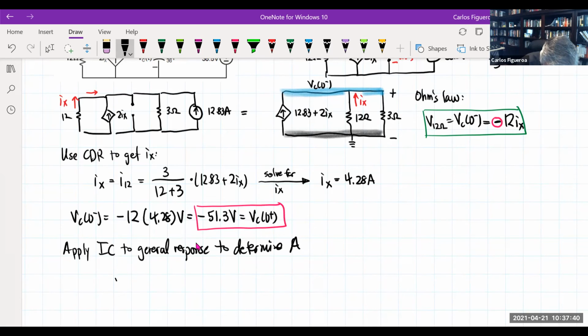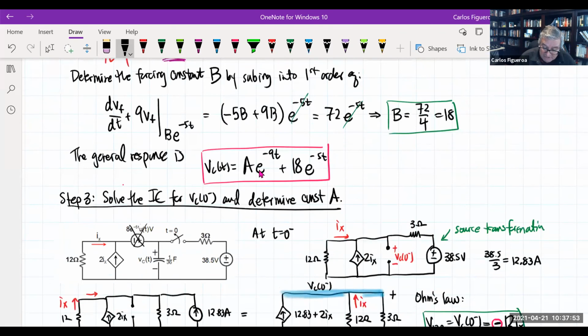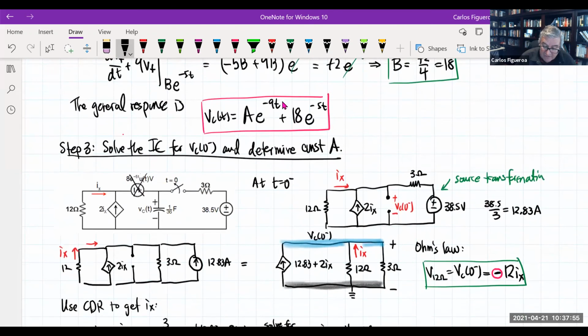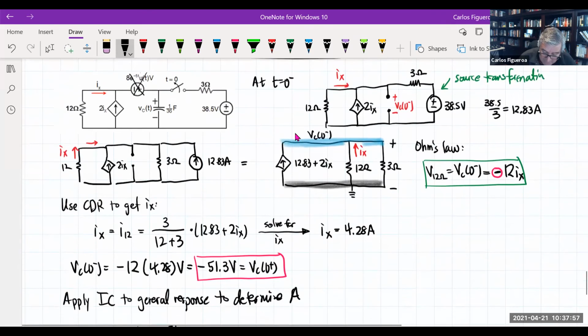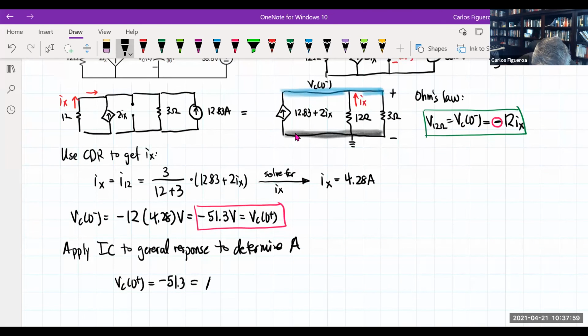We know that VC at 0 plus is minus 51.3. And then I have to use our equation up here, which is this guy. So I'm going to get A e to the 0. And then I have the second one, which is plus 18 e to the 0.